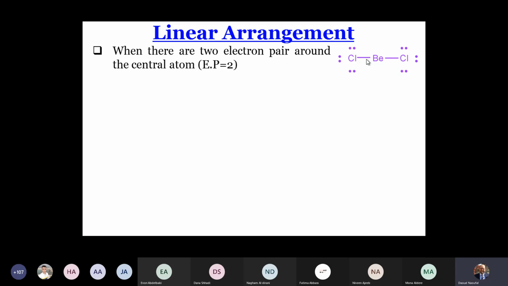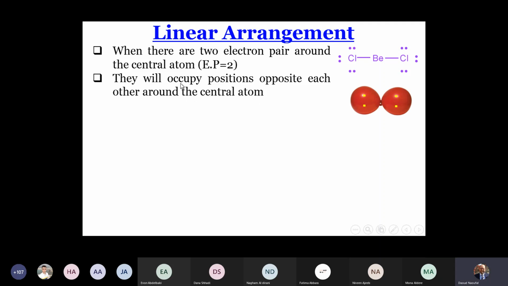In your opinion, what is the minimum repulsion between these bonding electrons? If I have 2 electrons around beryllium and 2 electrons from the second side, the minimum repulsion is when BeCl2 is linear.